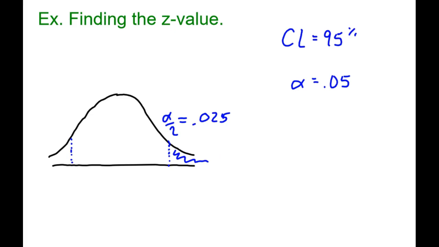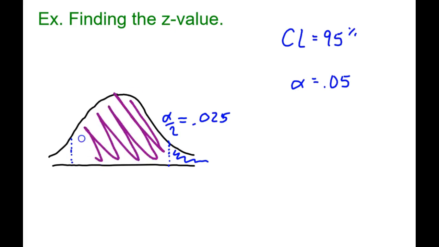When we're looking for the z value, we're actually looking in the table for the area under the curve that is to the left of that alpha over 2 value we just talked about. So now to find this area, we know underneath the curve is one whole, 100%.